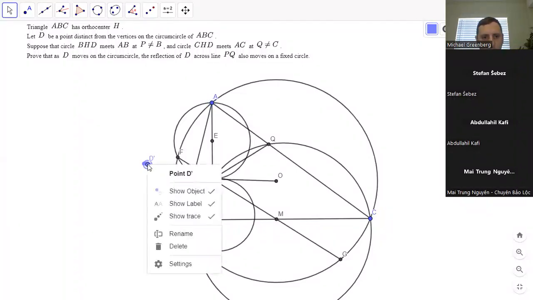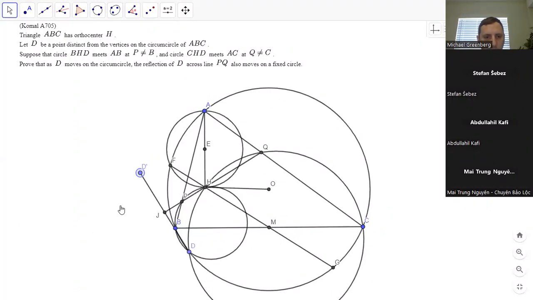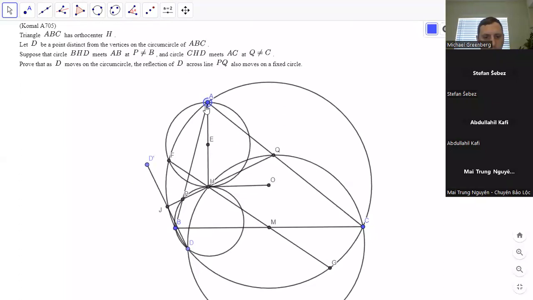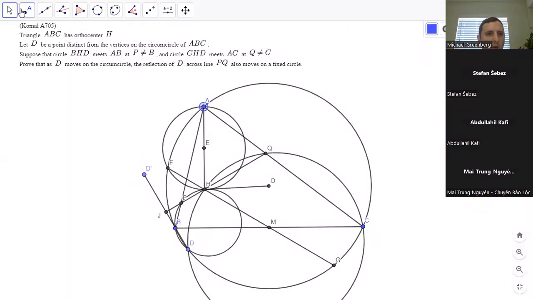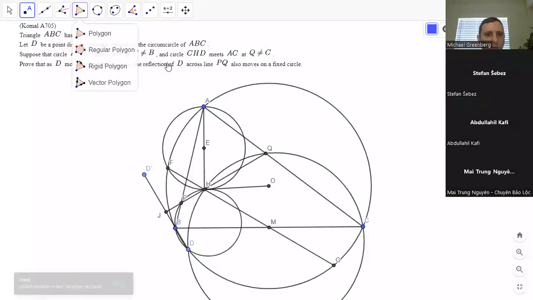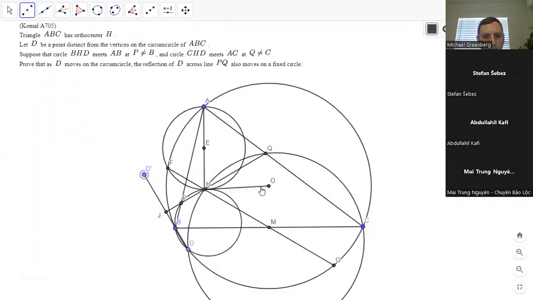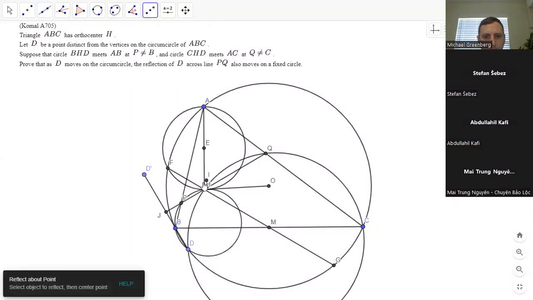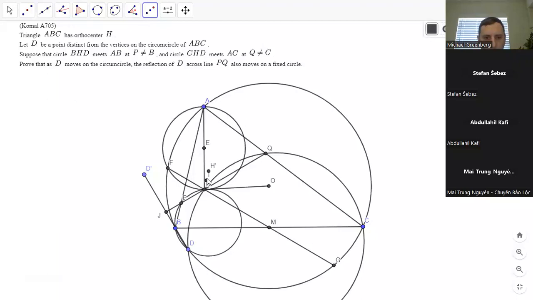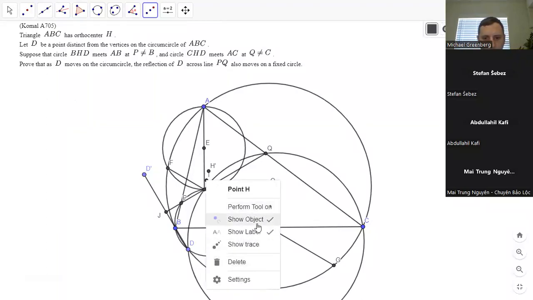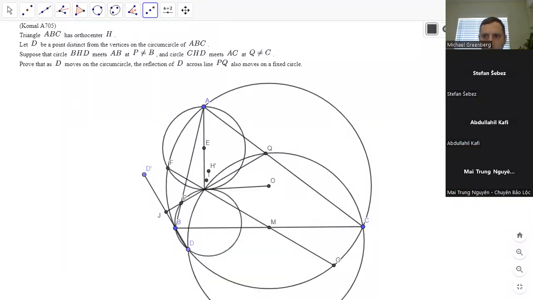Let me get rid of the trace. This is driving me crazy. All right. So let's draw that. So I'm going to draw the midpoint of this and reflect. Okay. Whoops.